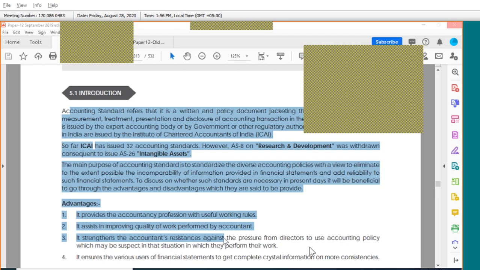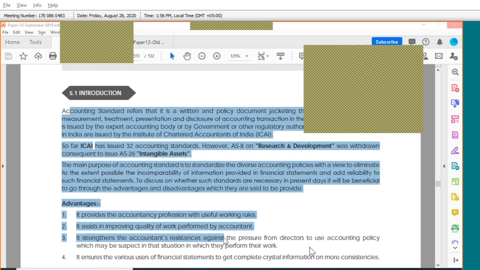He has an engineering background. The MD will tell the CFO, Chief Financial Officer, you inflate the inventory value so that our profit will increase. You got it or not?